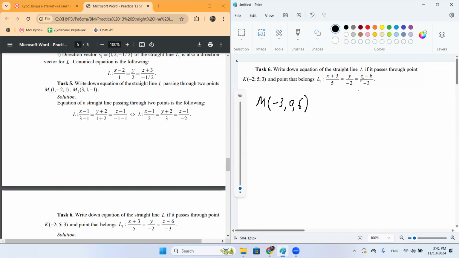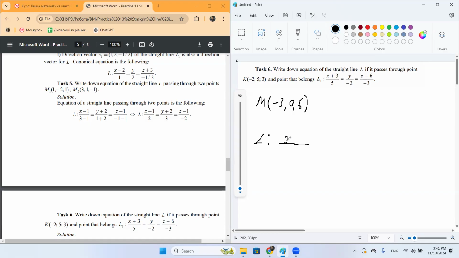And we know that points K and M belong to straight line L. So let's write it, analogically to task 5, but the second point is not obvious.